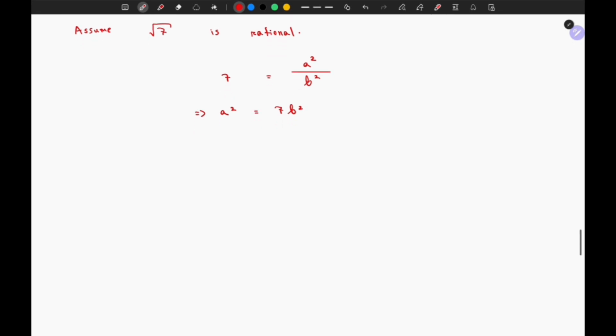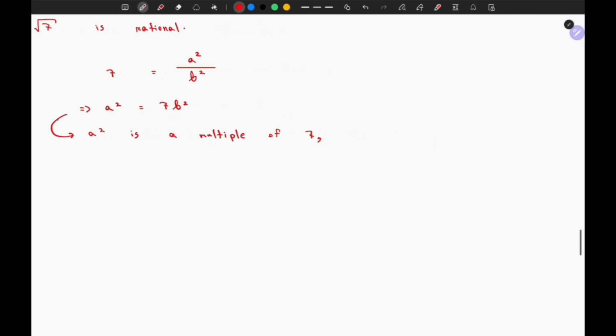Now we can say that a squared is a multiple of 7 because there's a 7 at the front. So a squared is a multiple of 7, which means that a is also a multiple of 7.